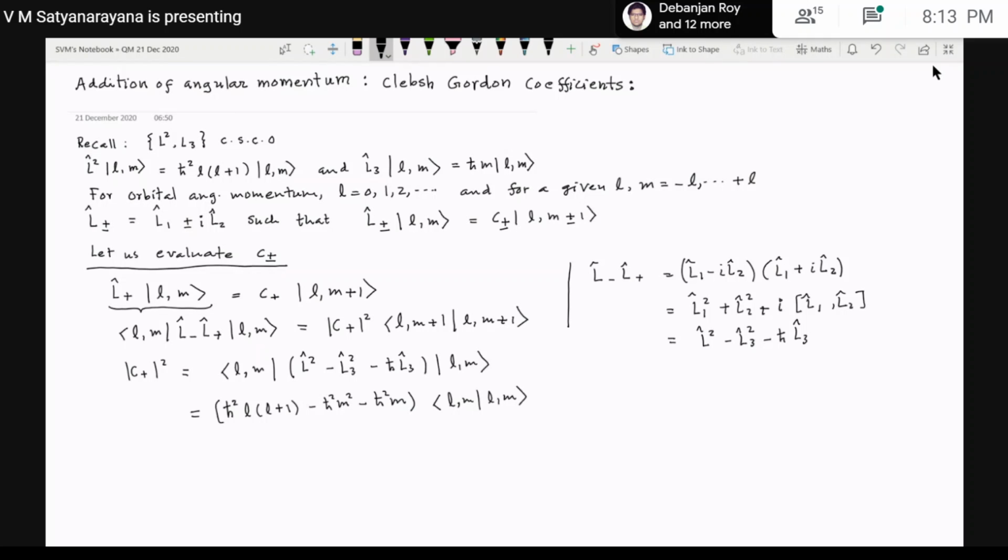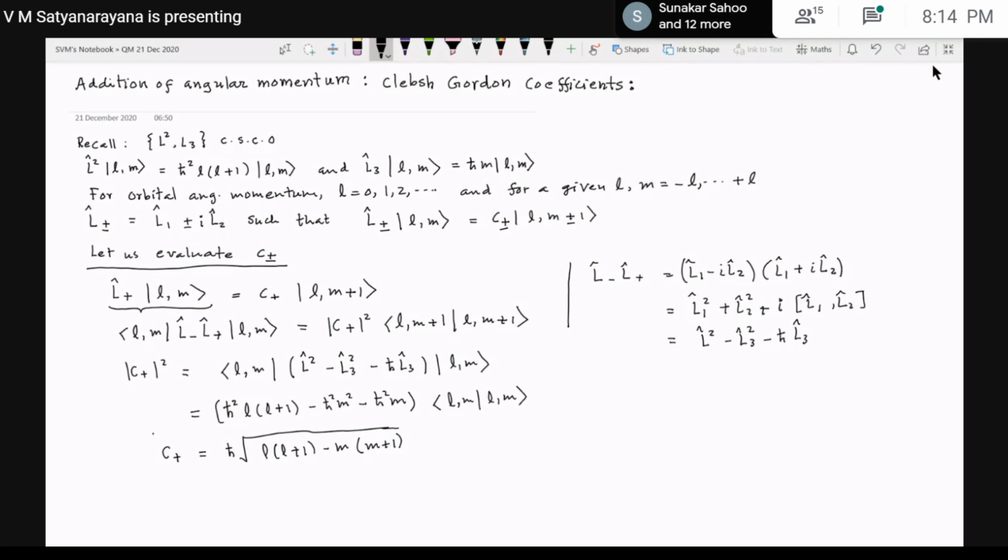So you get C plus as h bar times the square root of L into L plus 1 minus M into M plus 1.